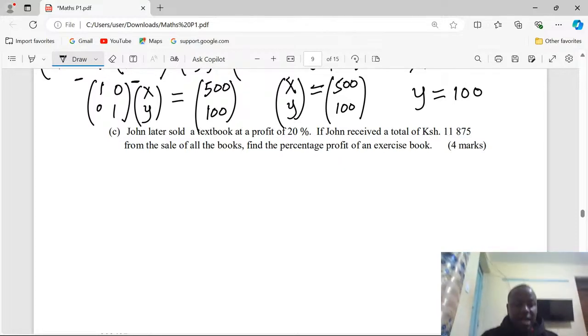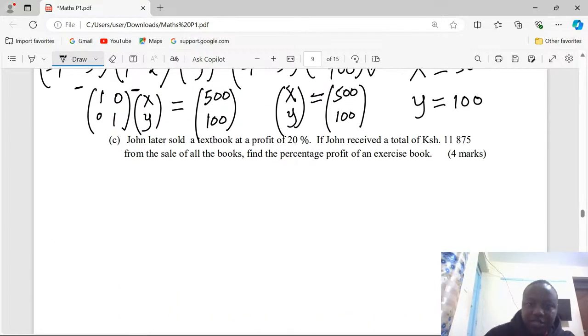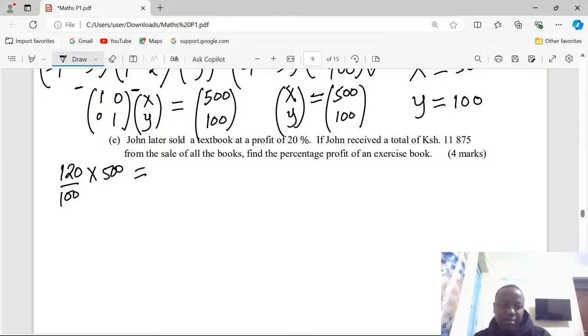Remember, a textbook cost 500. So selling it at 20% profit means the selling price of a textbook now is becoming 120% of 500. This is going to be, is it 600? Yes, 600. So now this gentleman is selling a textbook at 600.